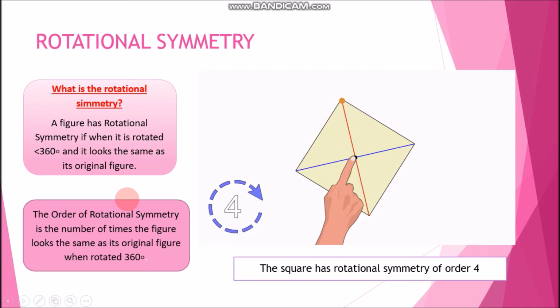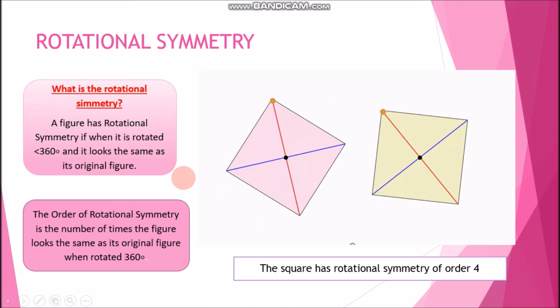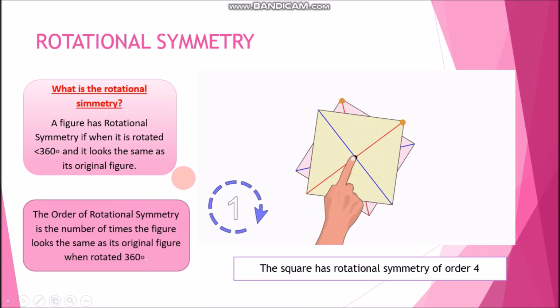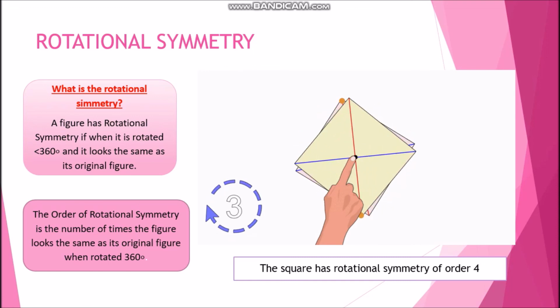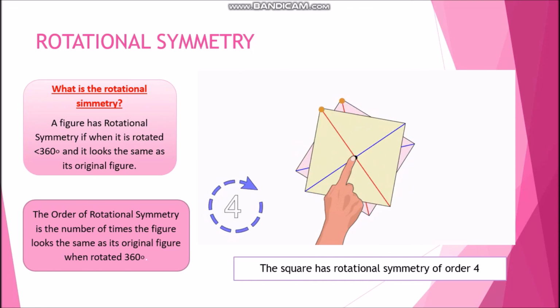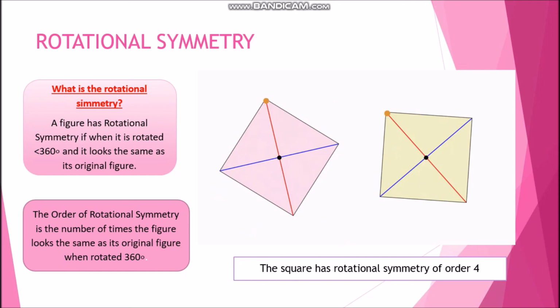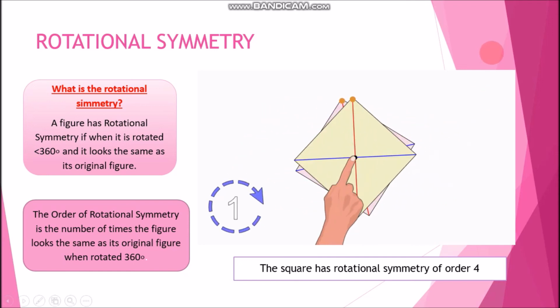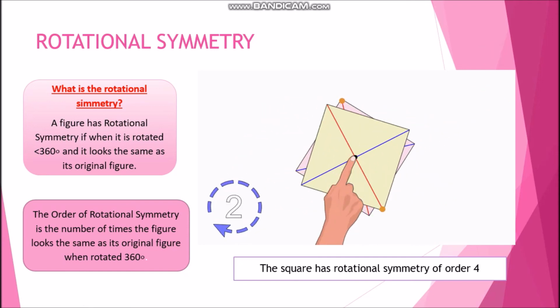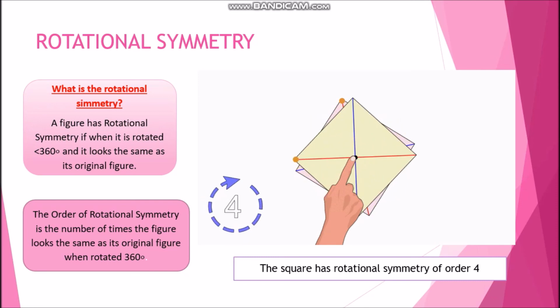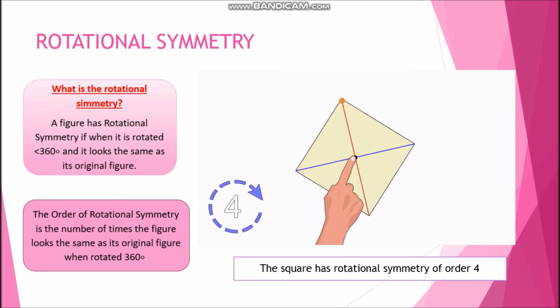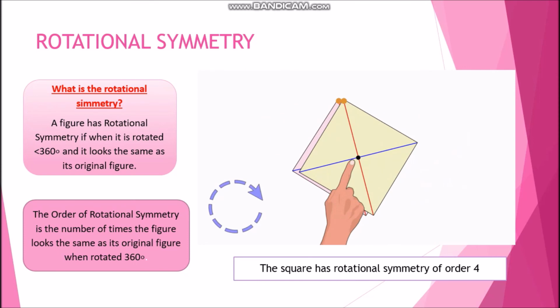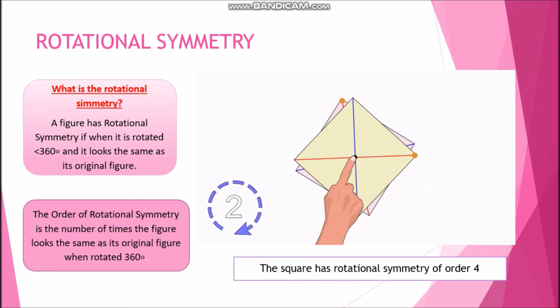The order of rotational symmetry is the number of times that the figure looks the same as its original figure when rotated 360 degrees. Entonces, el orden de rotación de una figura consiste en el número de veces en que podemos rotar esa figura y se mantenga la misma figura.